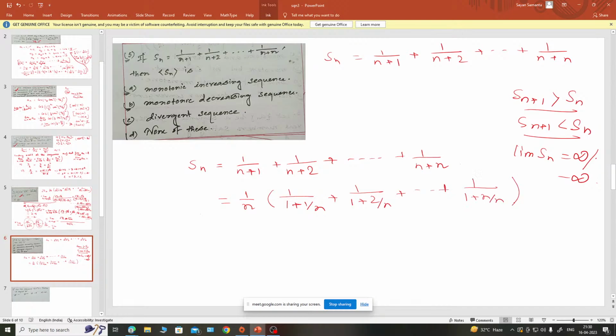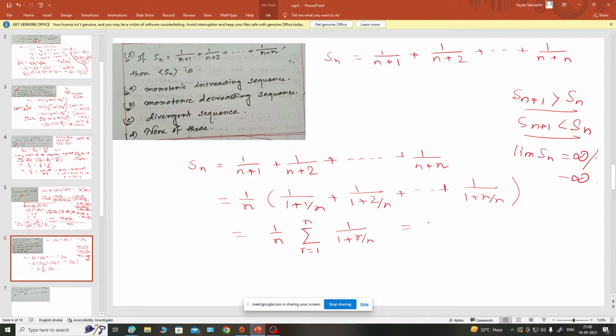Is it clear to everyone? So this type of relation we can write 1 by n summation of r equals to 1 to n 1 by 1 plus r by n form. Okay, and this is the definite integral relation. Everyone knows that.